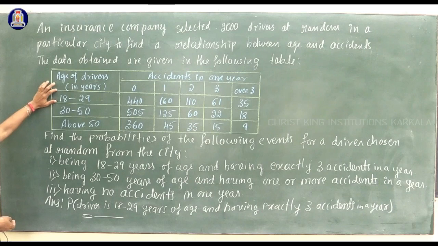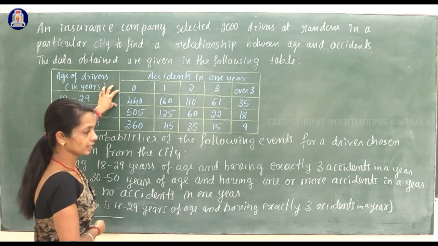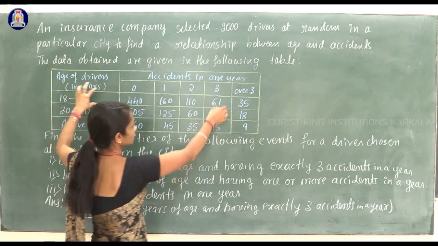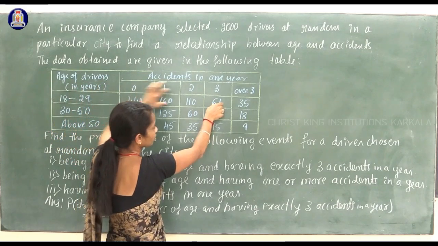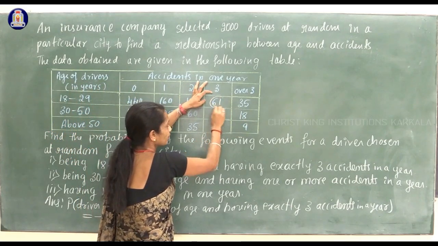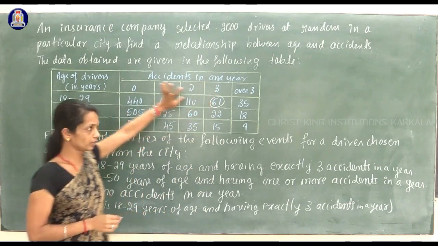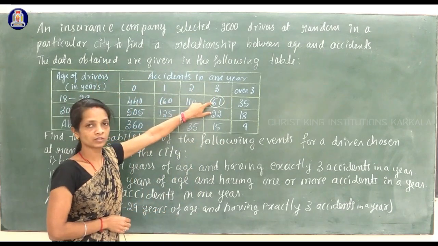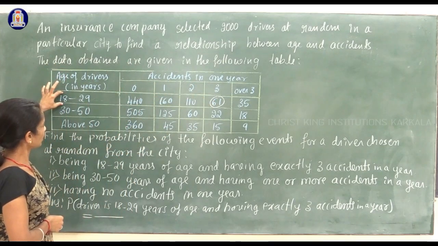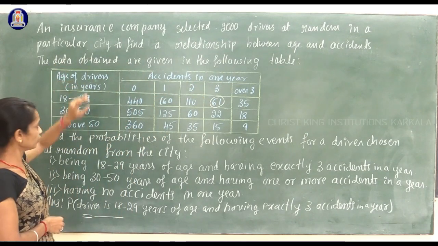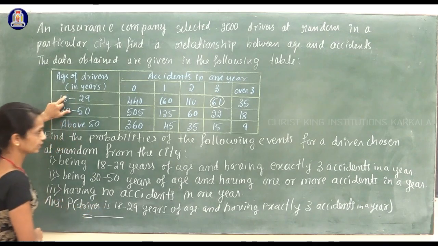So in the table, you look at the 18 to 29 years row and the exactly 3 accidents column, which meet at one number. That gives you the number of drivers who met with 3 accidents and are between age 18 to 29. You write that in the numerator.